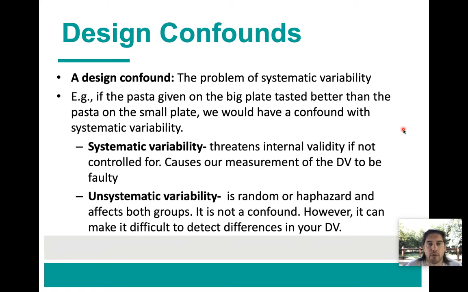Design confounds are problematic when they imbibe systematic variability into our experiment. So if the pesto is consistently tastier than all the other pastas, then we have systematic variability in a design confound, because the people that get the pesto are going to systematically behave differently than everyone else.